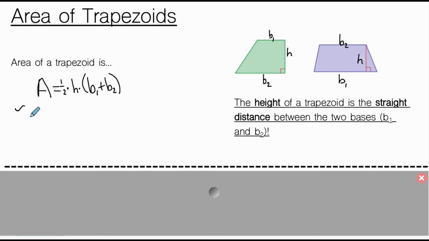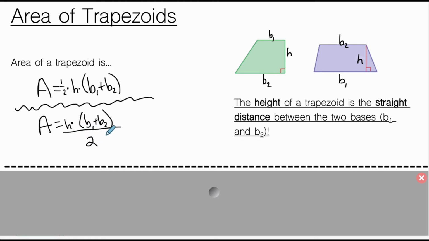Similar to a triangle, you could express this formula slightly differently if you wanted to. You could do base 1 plus base 2, multiply that by the height. And another way to cut something in half is to divide the whole thing by 2. So if you want to write the formula this way, you're welcome to.